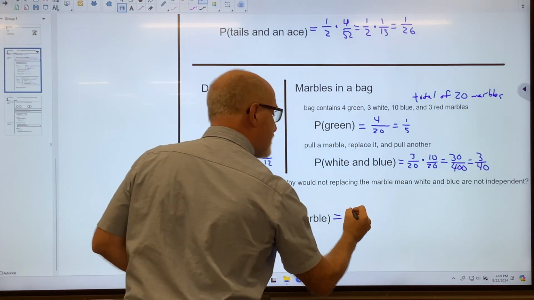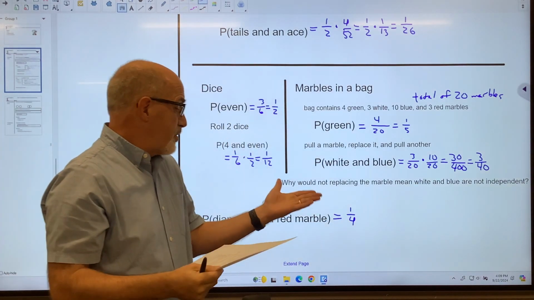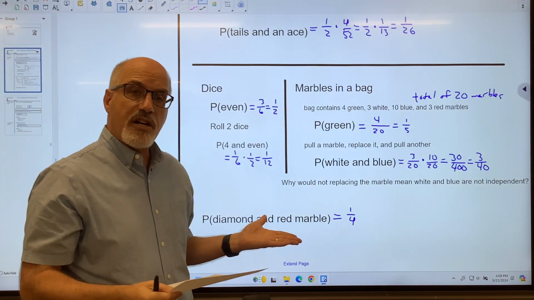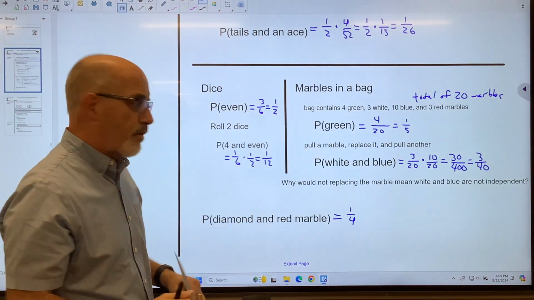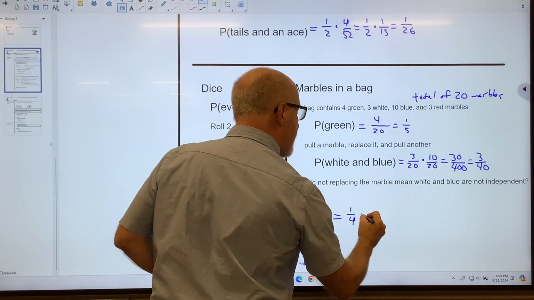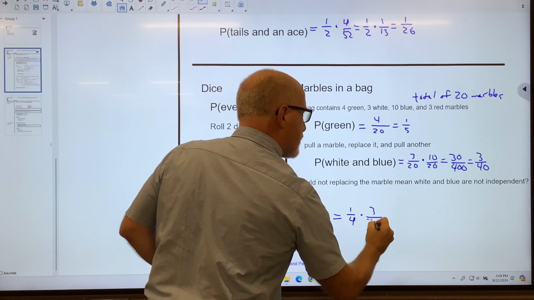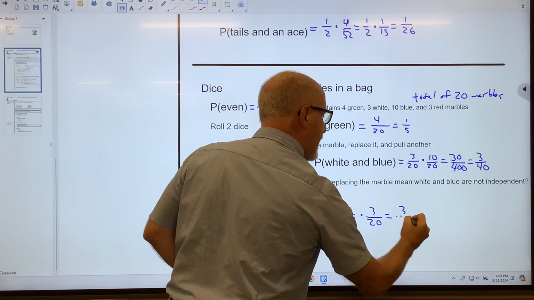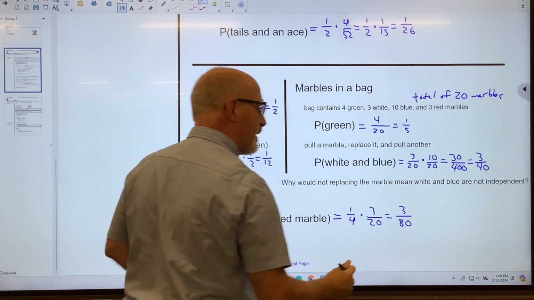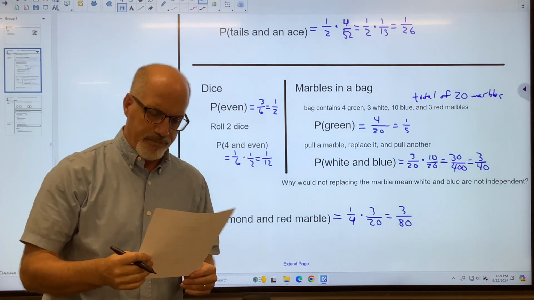So I could write that just as 1 out of 4. You could also write that as 13 diamonds out of the 52 cards, but that would just reduce down to the 1/4. We're going to multiply that by, and we've got red here, 3 red out of 20 total. So I'm going to multiply across and I get 3 out of 80 as my probability of these 2 independent events of getting a diamond and a red marble.